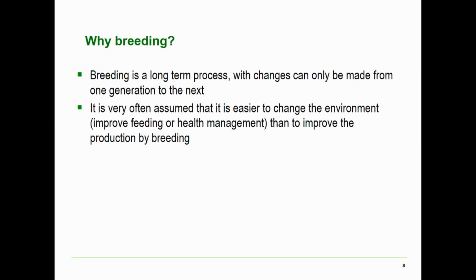I don't claim that feeding and health management are not important for a population to be productive, but the statement that this would be more important, or an easier or more beneficial change than breeding, is false.